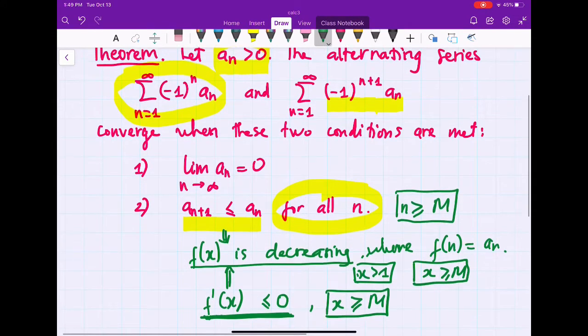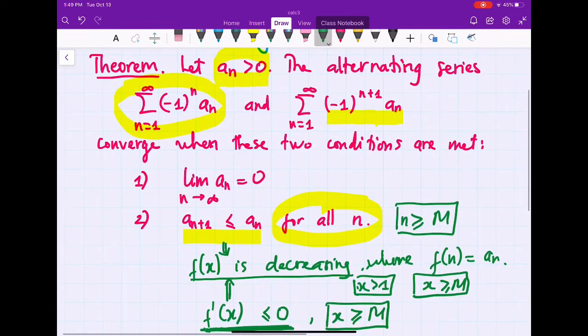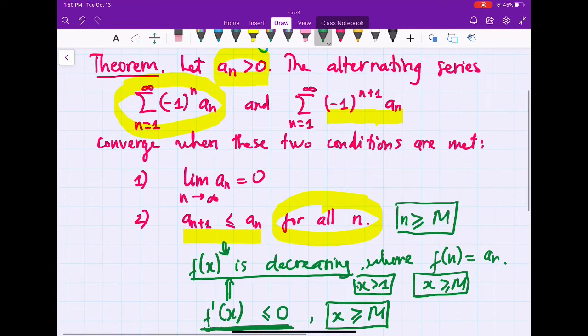Another comment I want to give before we consider an example is about the first condition. You know that if you have a series and the limit of a_n is not 0, then that series diverges.